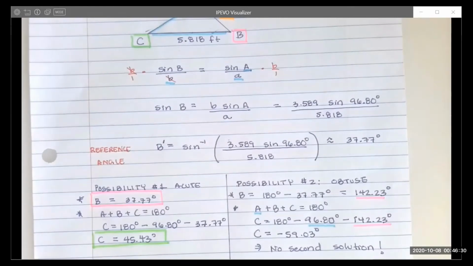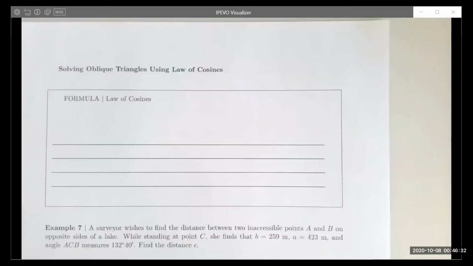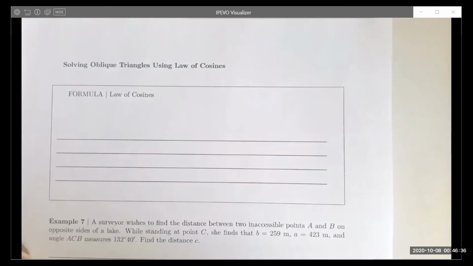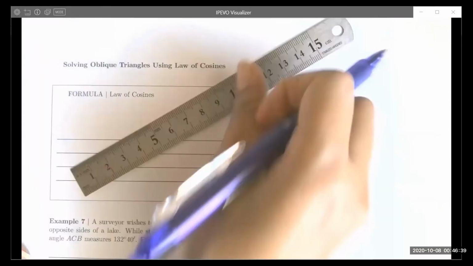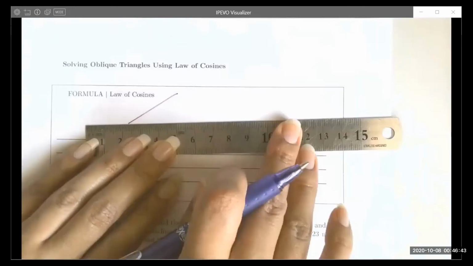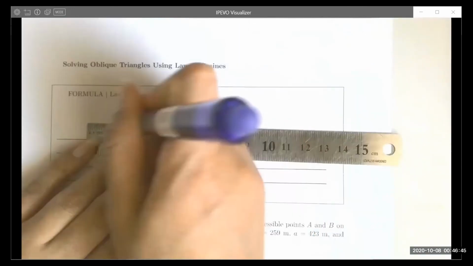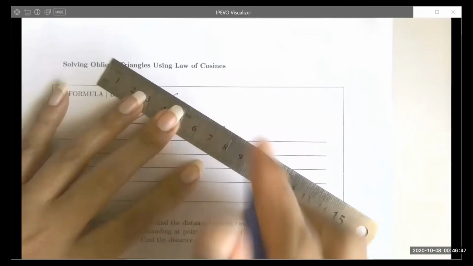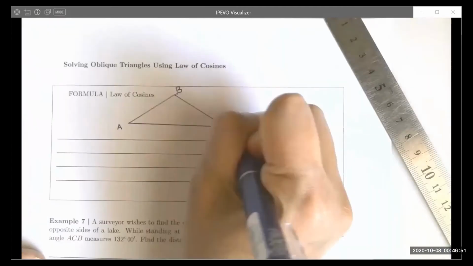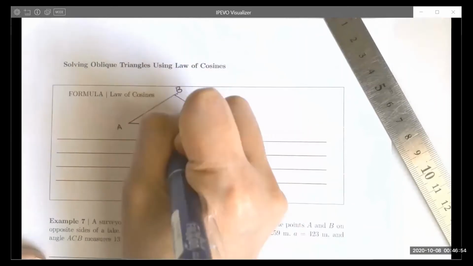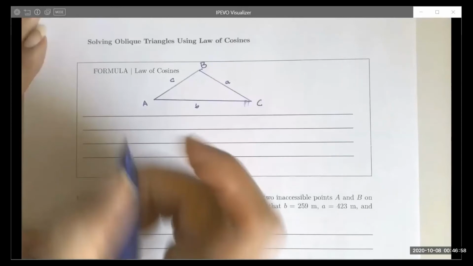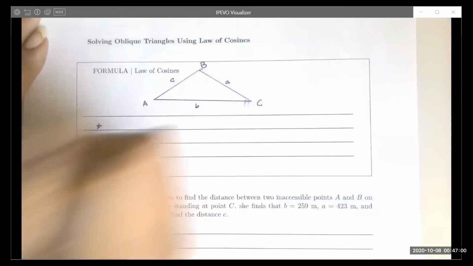All right, so that brings us to the law of cosines now. We're going to start by looking at the formula. Like always, I'm just going to draw a diagram first. If you have this triangle ABC, then law of cosines tells us the following, and there are 3 versions of the formula.